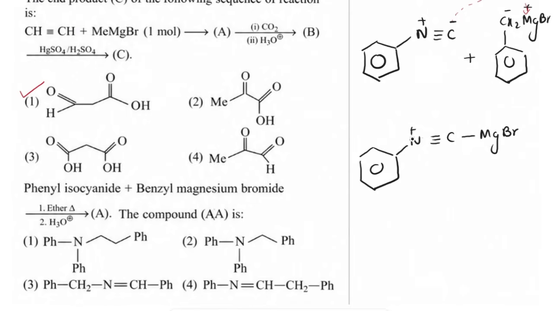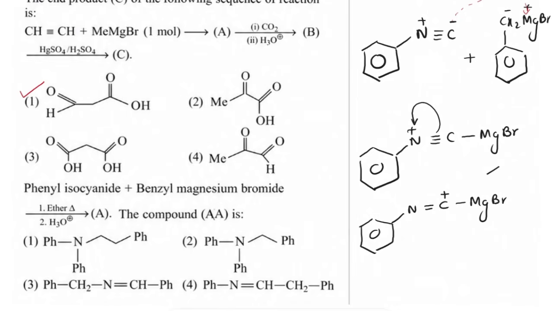So the nitrogen, which is an electronegative element, cannot withstand the positive charge. Therefore, it will take away the bonding electrons, the pi electrons. Then what happens? You see, the triple bond will become a double bond, and carbon, which was having 4 bonds, now is having only 3 bonds. So what should be the charge now? Plus.